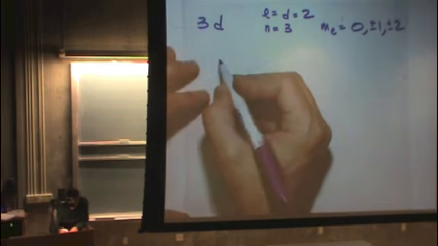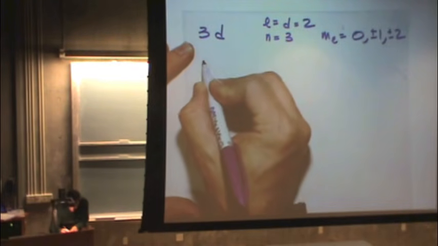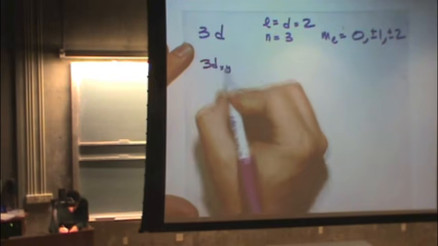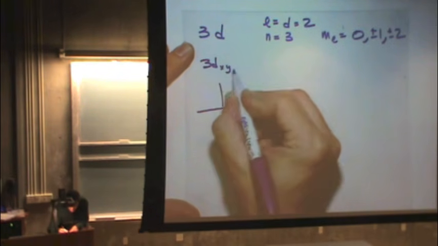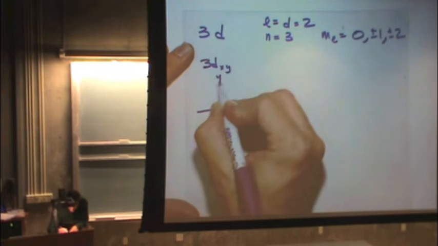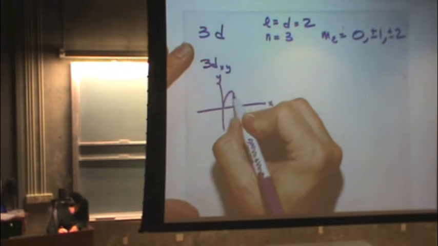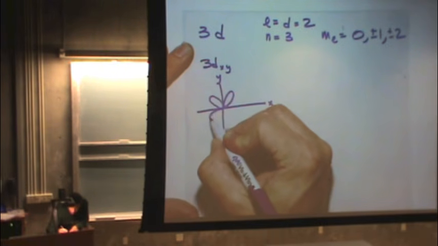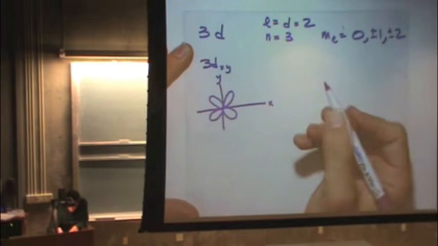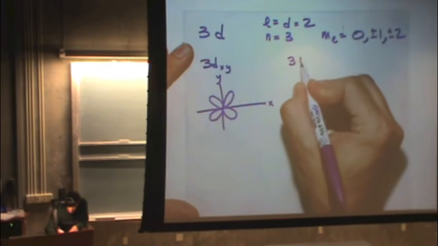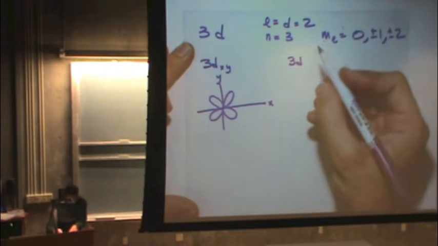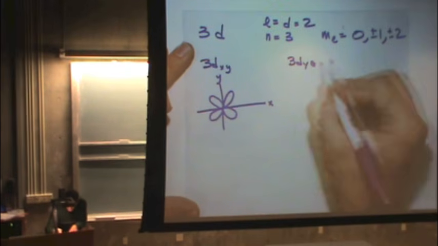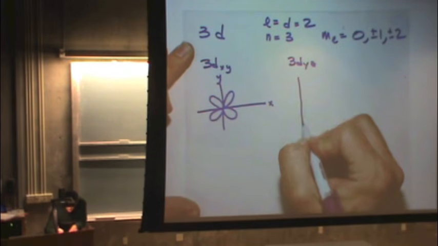Here they are. Let's do them for the 3d, the lowest energy. There's the 3dXY. That's on the X, so these give you the axis. It's on the XY axis. And it's a clover leaf that goes between this axis. There's the 3d, we'll do the nodes after we draw everything. 3dYZ, again, Y and Z tell you the axis.